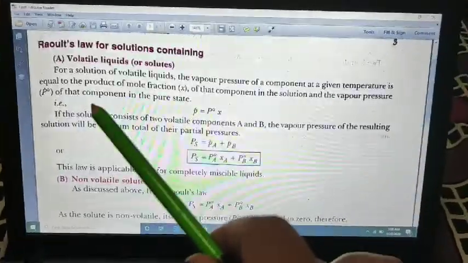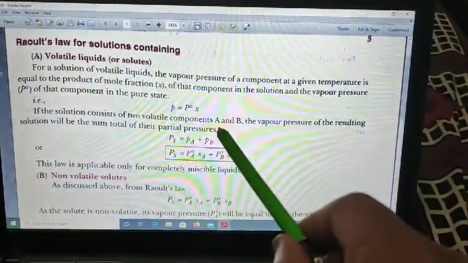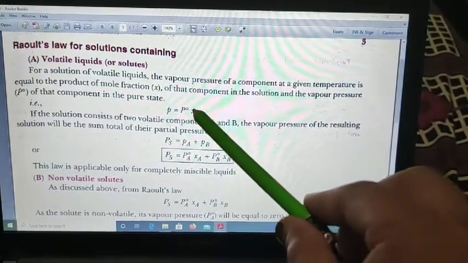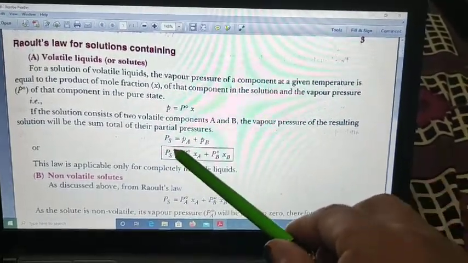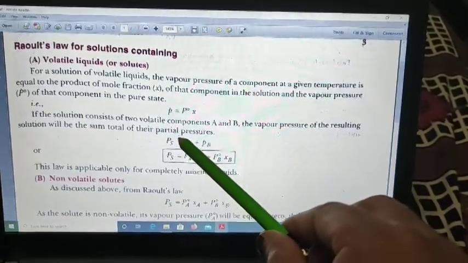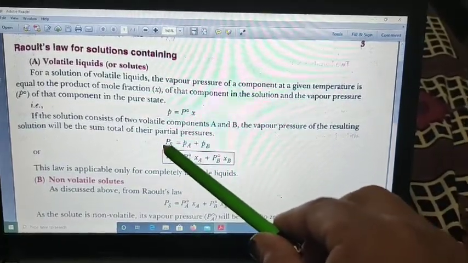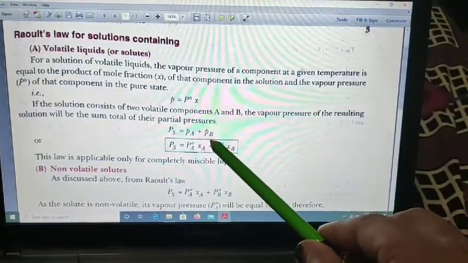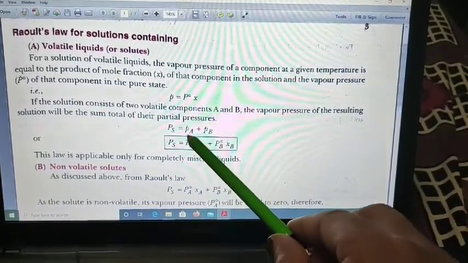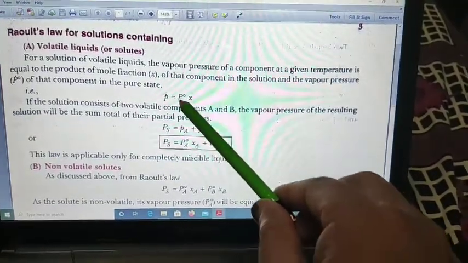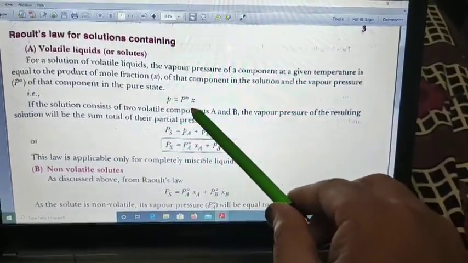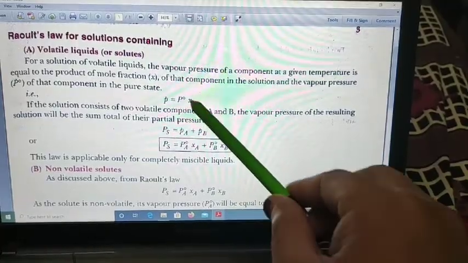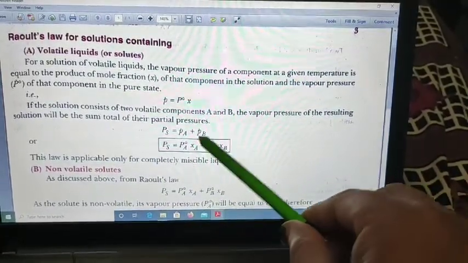Now if the solution consists of two volatile components A and B, then the vapor pressure of the resulting solution will be the sum total of the partial pressures. So the vapor pressure of the solution is the vapor pressure of component A plus the vapor pressure of component B. Applying the formula to each component, we get P0A into XA plus P0B into XB. This law is applicable only for completely miscible liquids.